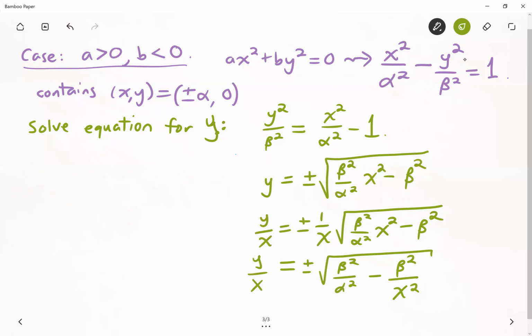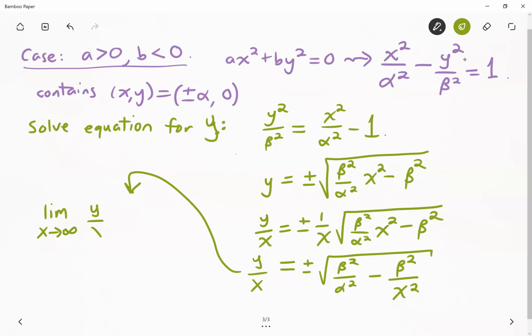That's y over x. Now, what's really interesting about this is what happens if we take the limit of this expression. What happens if I take the limit as x goes to infinity of this expression? Or in other words, what happens when x gets larger and larger?